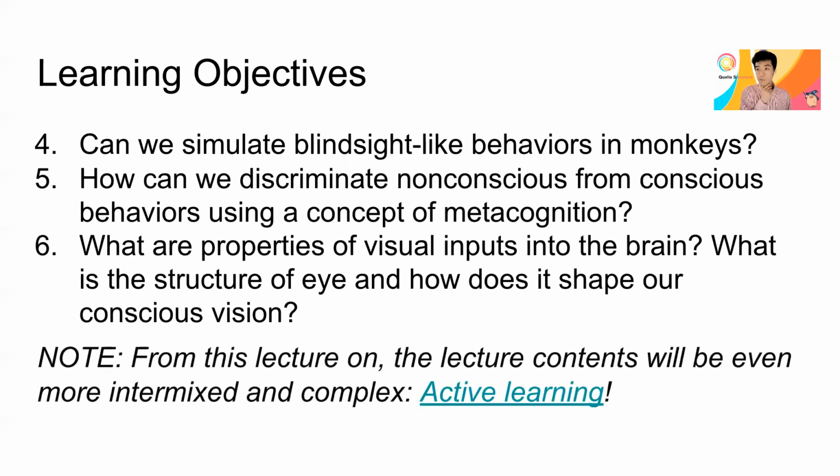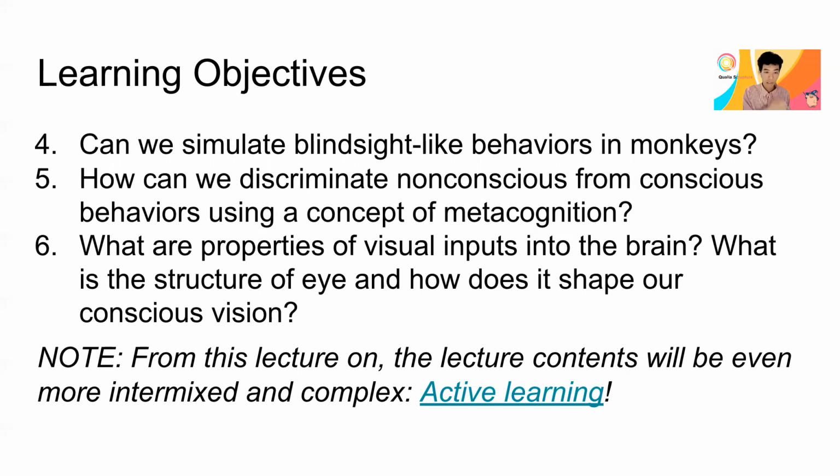And from this week on, I mean, I've been doing this over the last 3 weeks, but it becomes even more so, the lecture contents will shift among psychology, neuroscience, phenomenological demonstration, and a little bit of statistics or mathematics, all intermixed, and that's necessary to understand this interdisciplinary concept and topic of consciousness.